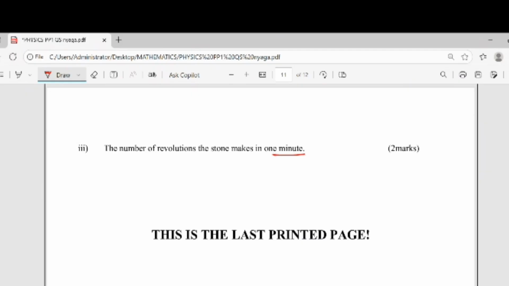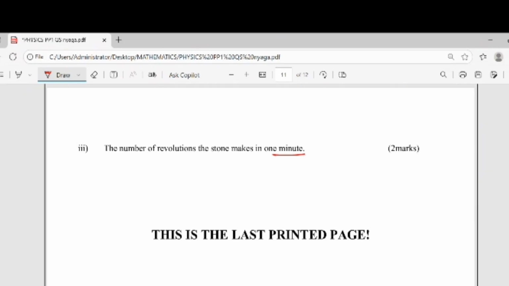So we record the omega, or the angular velocity, as 3, and for us to get the number of revolutions in 1 minute, then we shall engage the omega over the total, that is in one complete revolution.